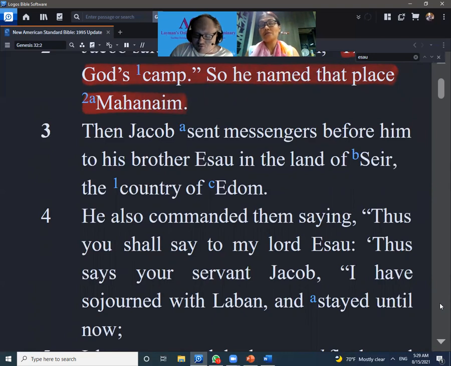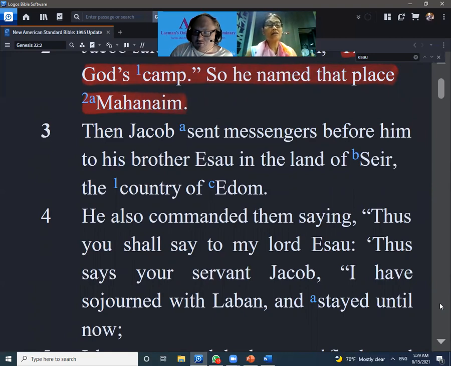So Jacob is afraid to meet Esau, because the narrative says that Esau is very mad at Jacob.